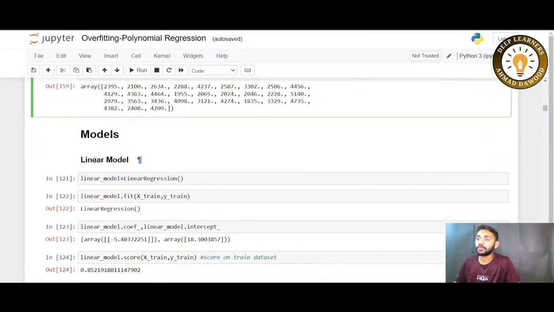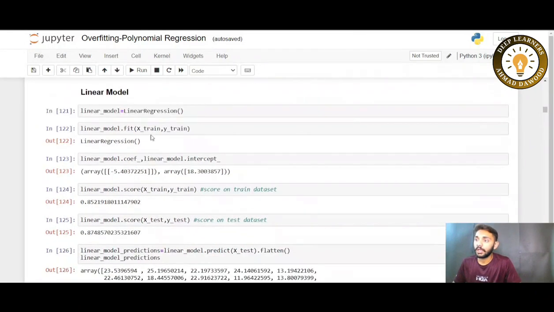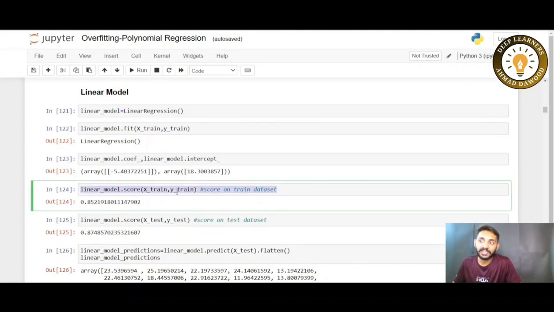So first of all, I am using a linear model, and by using the linear model, you have seen that I am testing my score on the x train and y train. It means I am checking my model's score on the training data points. It is giving me 0.85, which is good.